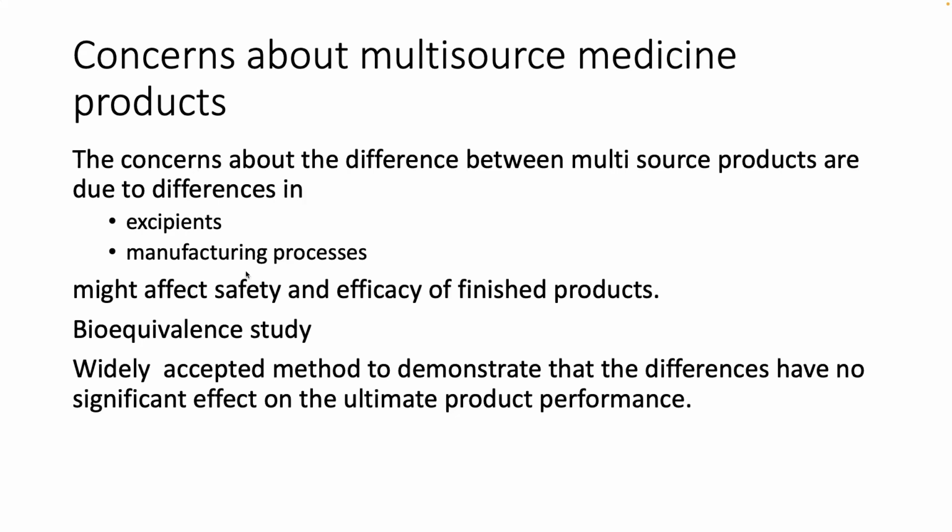But of course, as long as manufacturers stick to current good manufacturing practice, as far as the regulator is concerned, you have met what is required to produce a medicine that is pharmaceutically equivalent. But bioequivalence will need to be proven, and the concern is that this may affect the safety and efficacy of finished products.